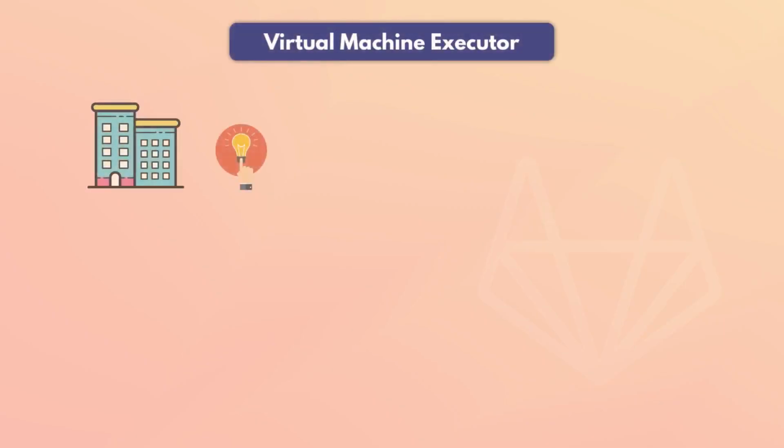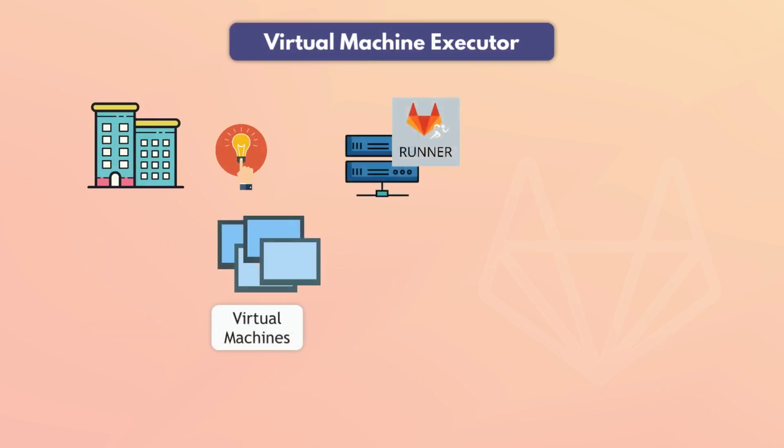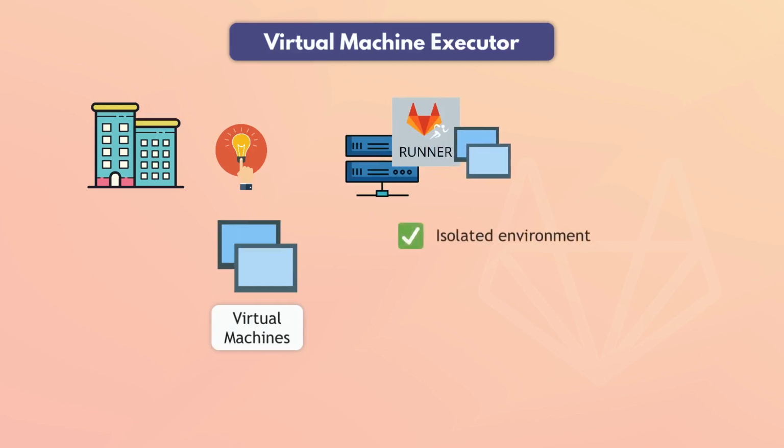Now let's say your company has no know-how of Docker, so you don't use Docker at all, but instead you use virtual machines. In this case, you can actually choose to use virtual machine executor on the runner to still have the isolated environment for running the jobs.